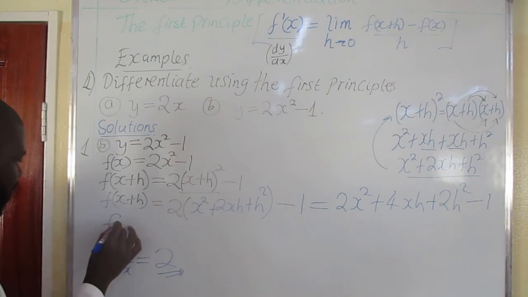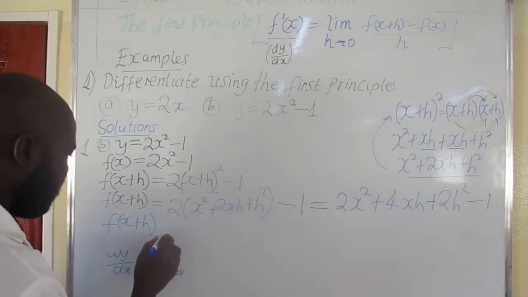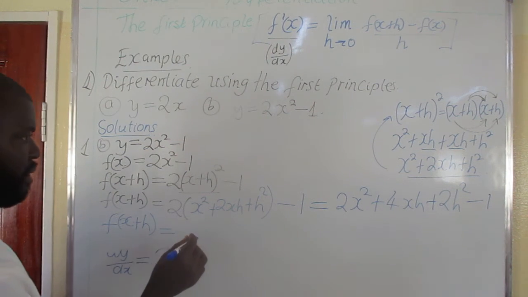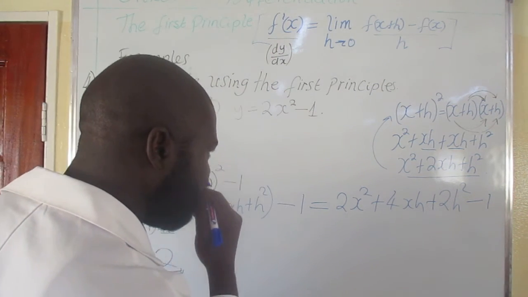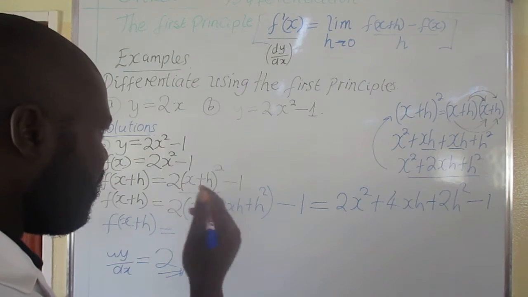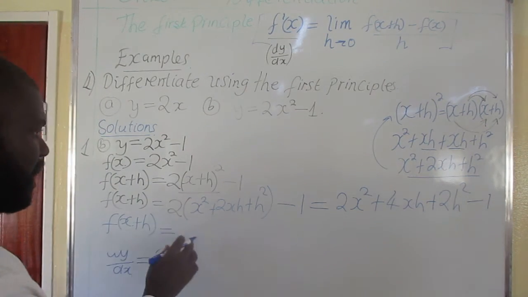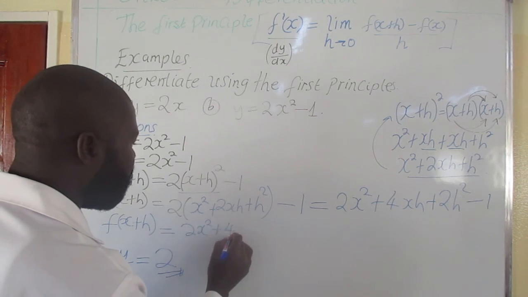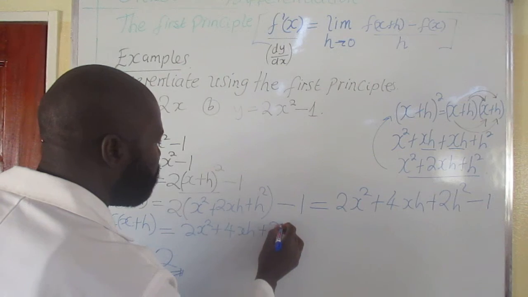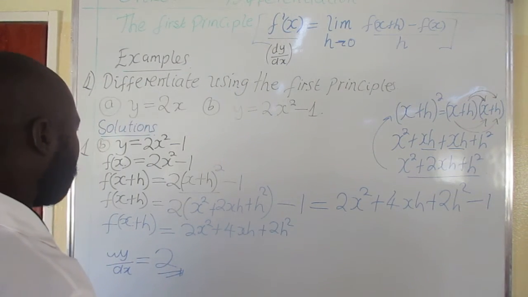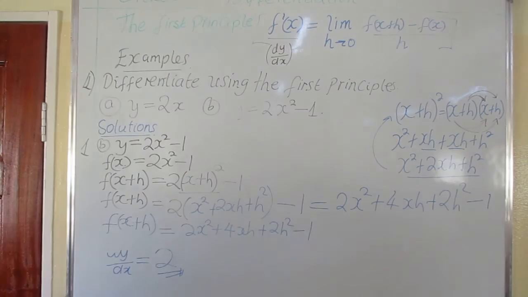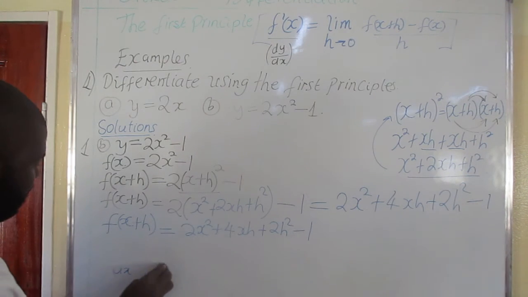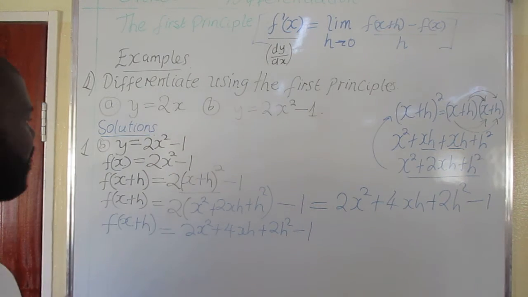So finally, our f(x plus h), which we are going to substitute in the formula, is 2x squared plus 4xh plus 2h squared minus 1. So basically, this is our f(x plus h).